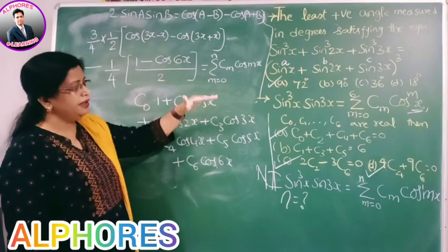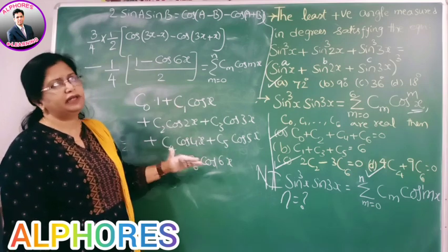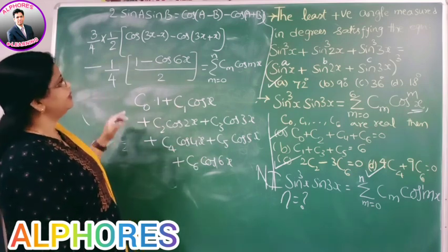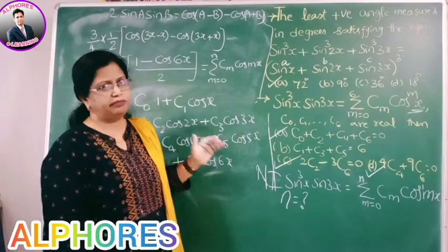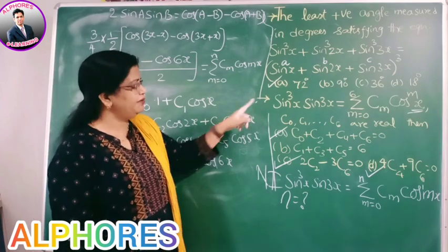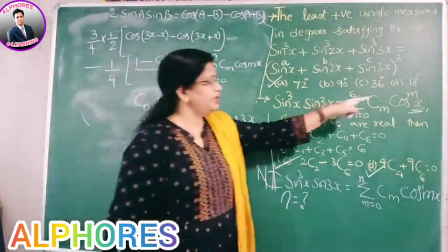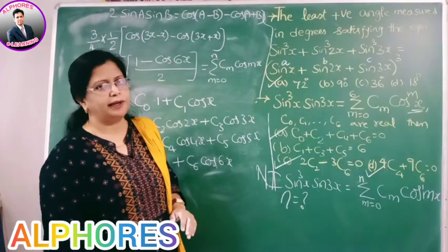Understand? Therefore, according to the question requirement, we have to go for further steps. So understand students, now finally what is your n value you got? It is nothing but 6, which is a numerical integer problem. Only one change you have observed. Here it is coming in power m, and here you got it as a multiple of m. Understand?